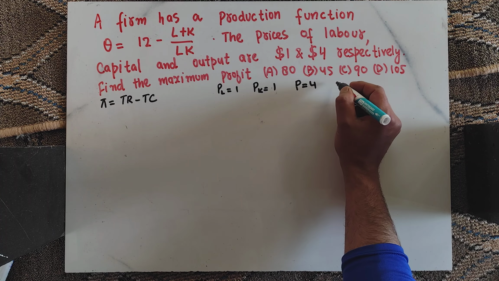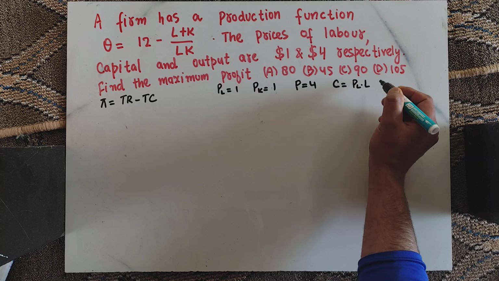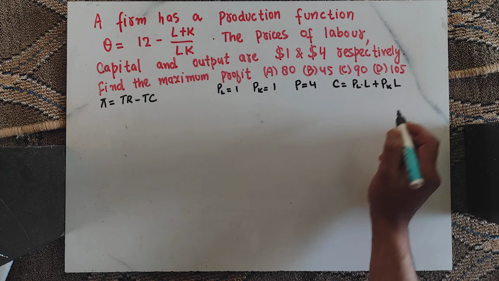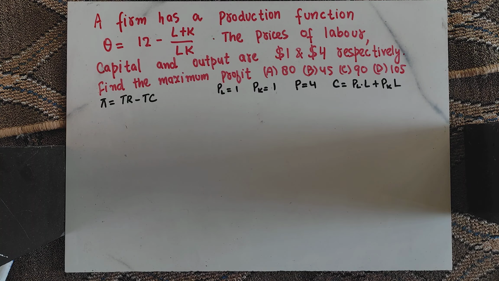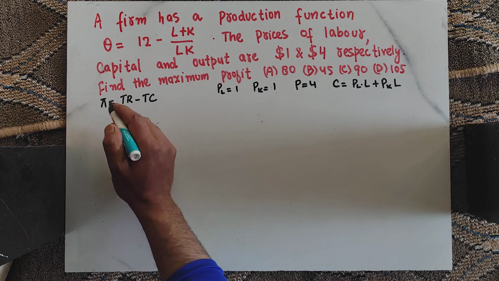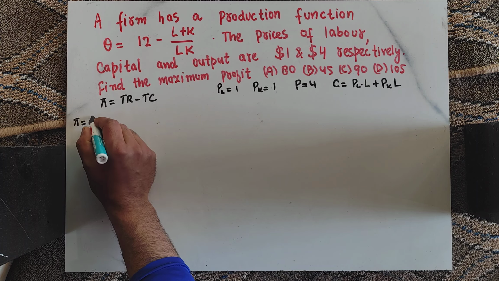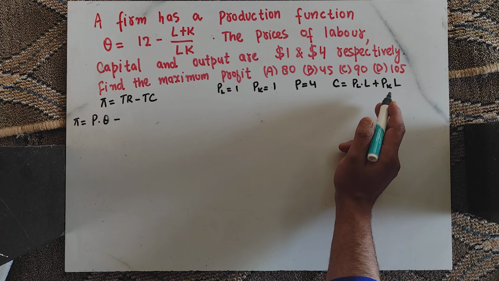What will be the cost function of the firm? That will be the price of labor times units of labor employed plus the price of capital times units of capital employed. Profit is total revenue minus total cost, so profit is price times output, minus the cost.